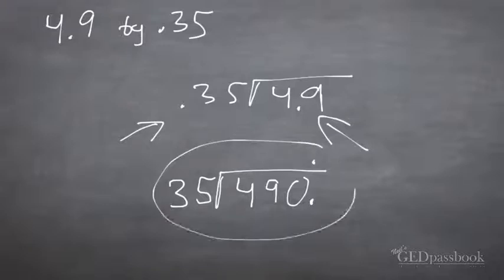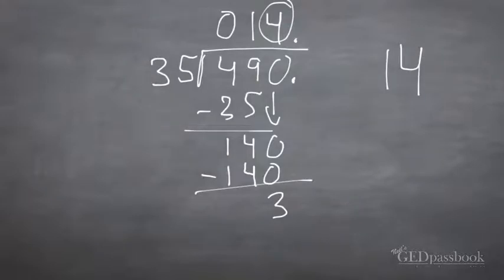And then wherever the decimal place lands on the inside, that's where your answer's decimal place is going to be, right there. In this case, it just came out 14.00000, which is the same as saying 14. Did that make sense?